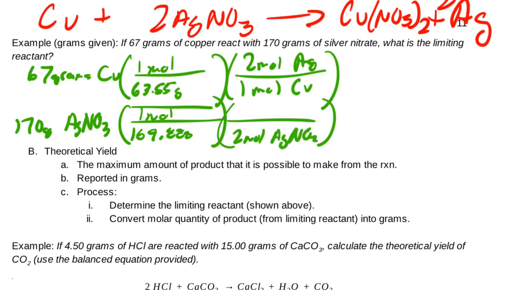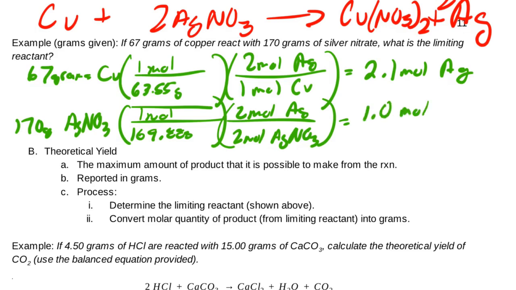And furthermore, for every 2 moles of silver nitrate, we get 2 moles of silver out the other side. Bear with me while I calculate. 1 mole silver, and 1.0 moles of silver.